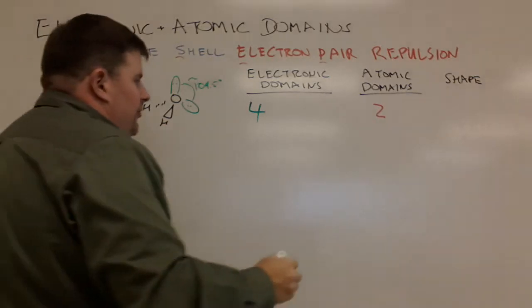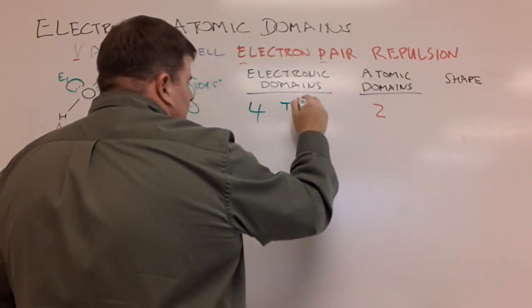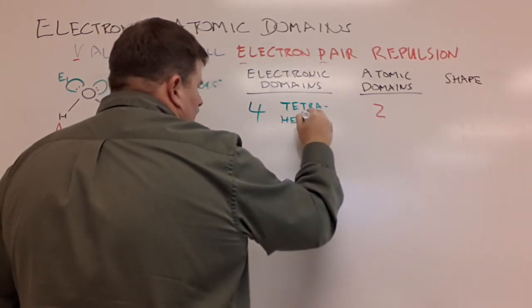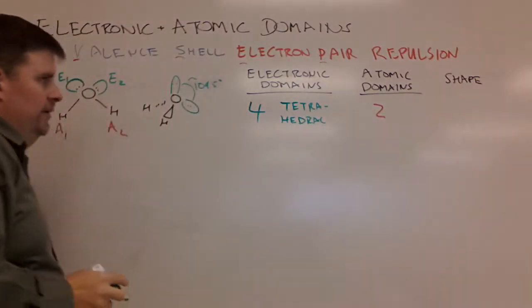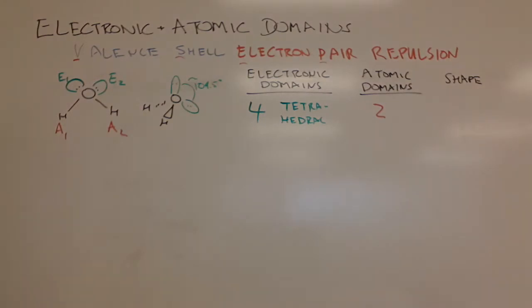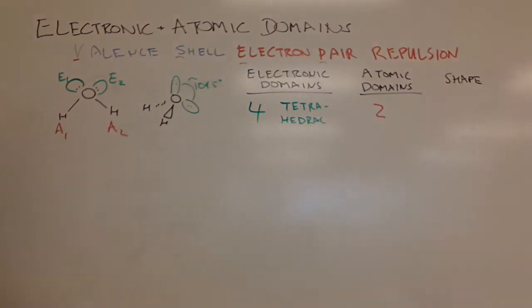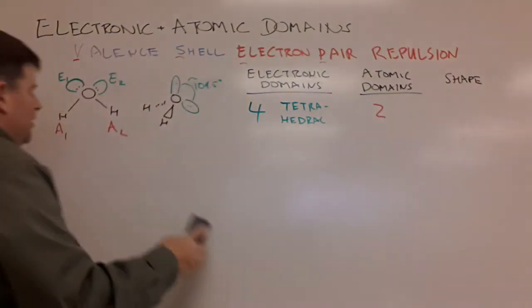But the tetrahedral domain is only for electronic. It still has 4 points in space, and that's going to determine what the overall shape is. But I only count 2 atomic domains. So for overall shape, I take the lone pairs away.